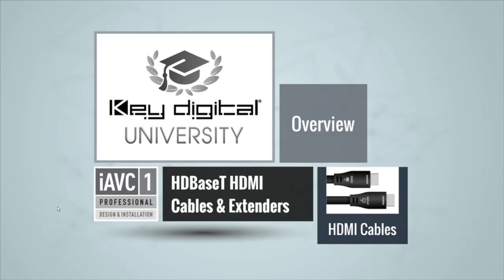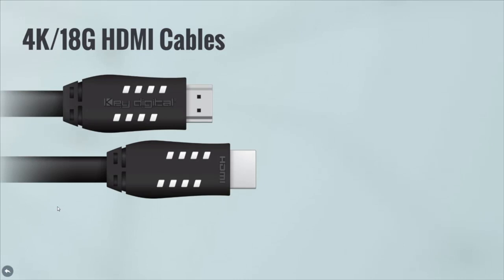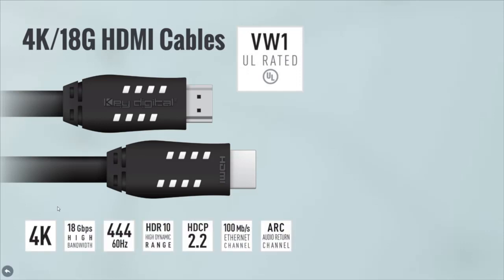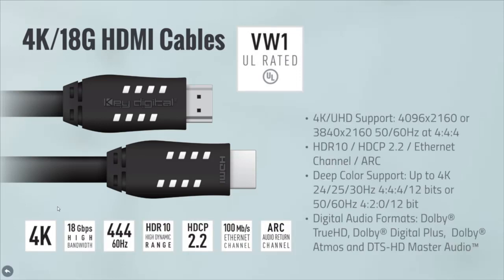Key Digital's family of HDMI cables all support 4K with a bandwidth up to 18 gigabits per second. With our cables, you'll find that it's more about the required length that you need.